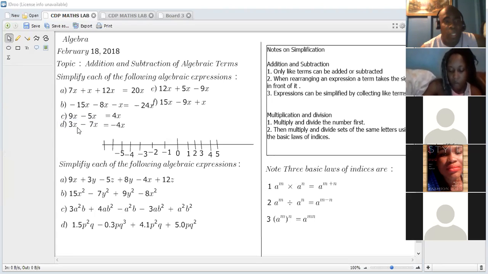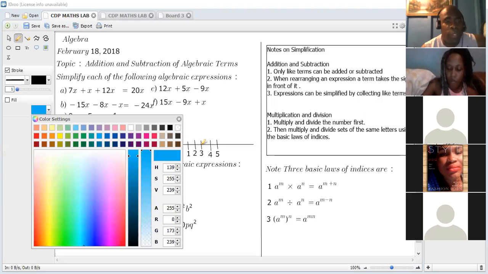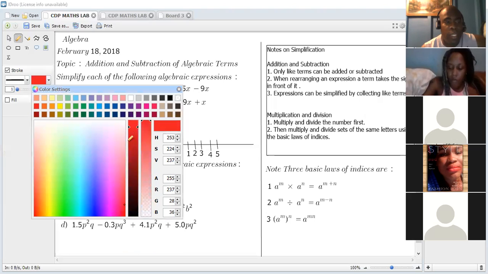So this is saying positive 3x. So we look for positive 3, which is right here. Now, when we're taking away on the number line, we're going in the opposite direction. Which direction are we going? Opposite direction. Watch this now.